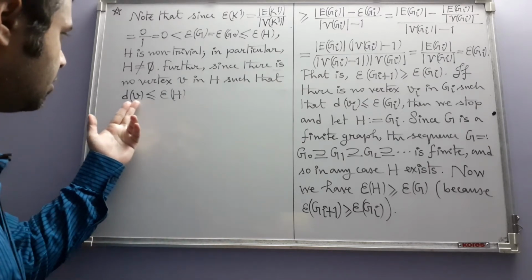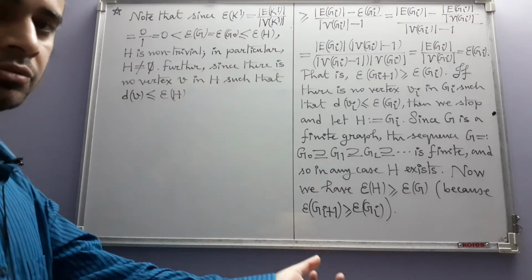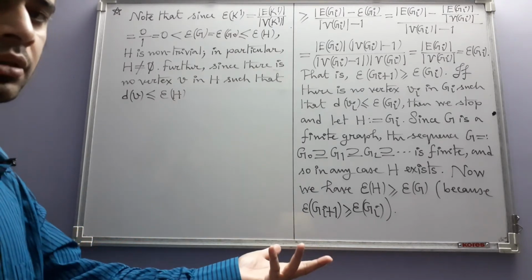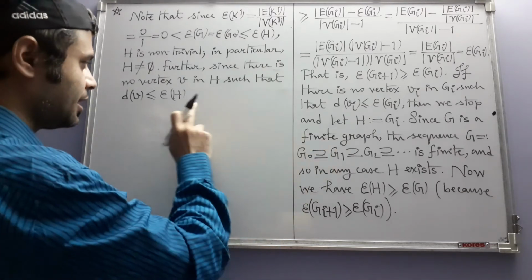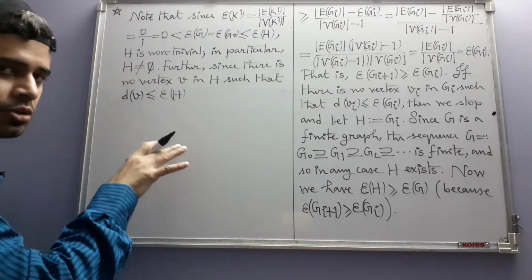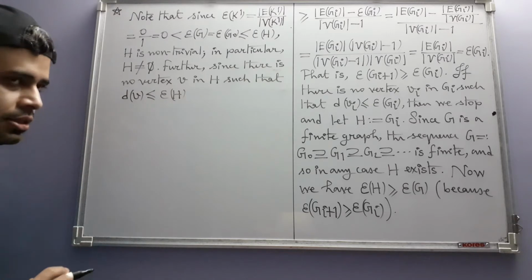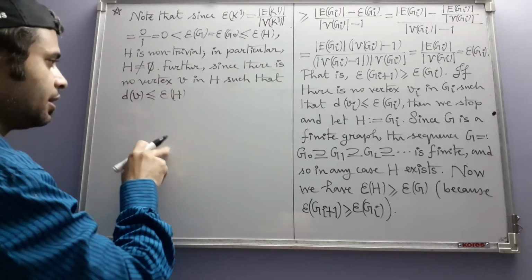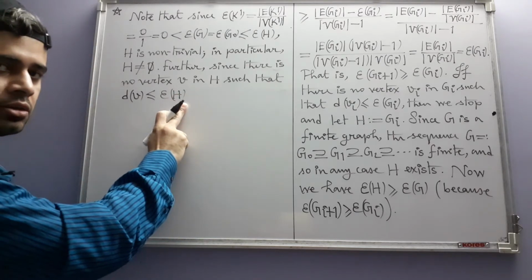If we found a vertex that satisfied this inequality, we would have removed it from H and then the process would have continued. So that has not happened, and that's why we have stopped the process at H. So there is no vertex that satisfies this, which means that for all the vertices, their degrees are strictly greater than epsilon of H.